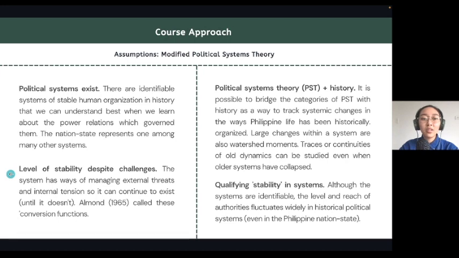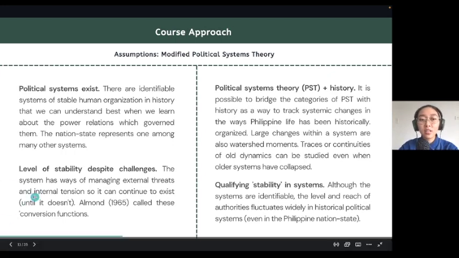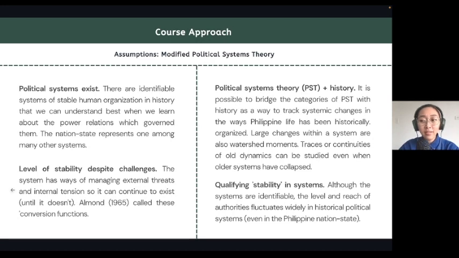The second assumption is that despite threats within and outside the system, there is a level of stability which allows you to identify na, okay, yung tawag dito ay yung nation state or yung sultanate or yung chiefdom or yung colonial system. So, there's actually a way that these systems manage external and internal tension so it can continue to exist until the time that it no longer exists, diba?